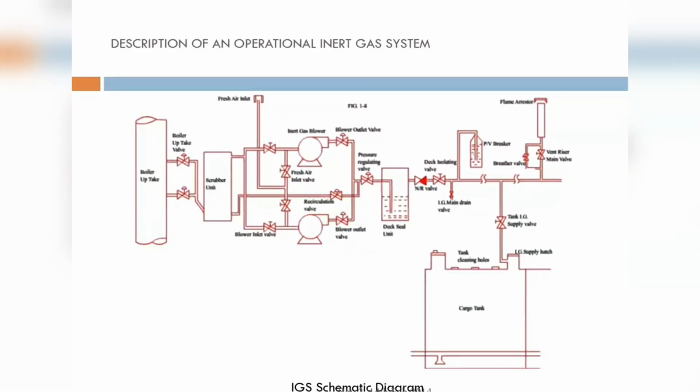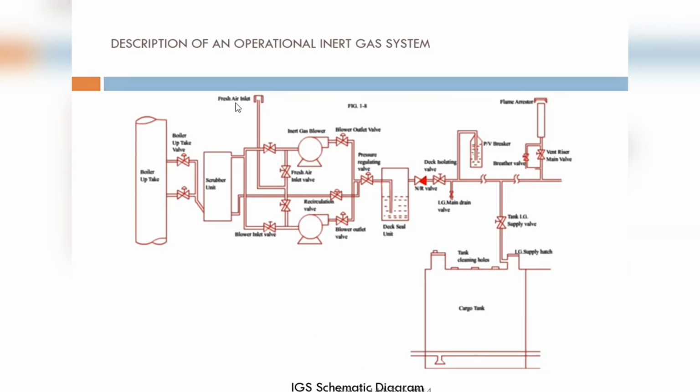That's how the inert gas path is followed. In the process, you have the PV breaker as a safety device. You have a breather valve here as a safety device, and on some ships you have a PV valve on top of the cargo tank. Again, a safety device to avoid excess pressure in the cargo tank.